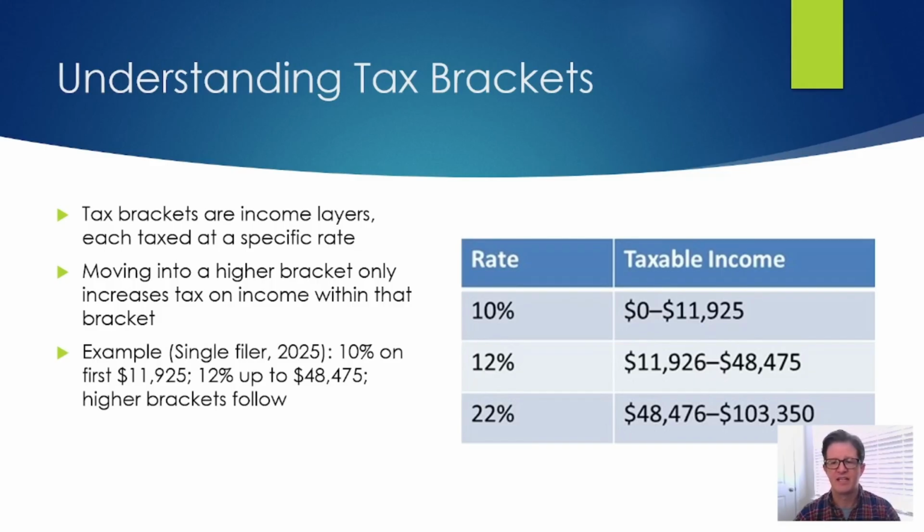And then on income between $48,476 and $103,350, you pay 22%. So the lowest income is taxed at 10%, the middle income is taxed at 12%, and then the highest income in this instance is taxed at 22%.